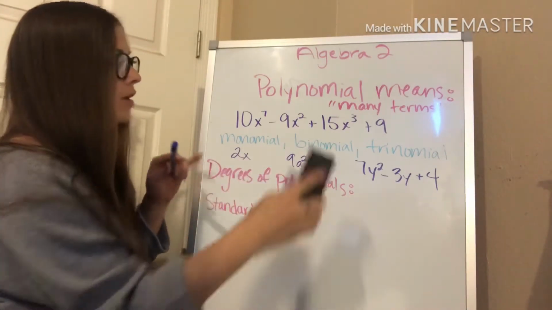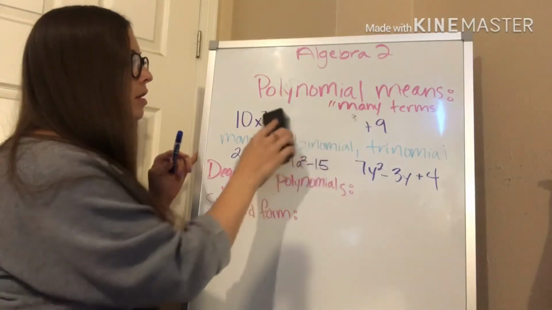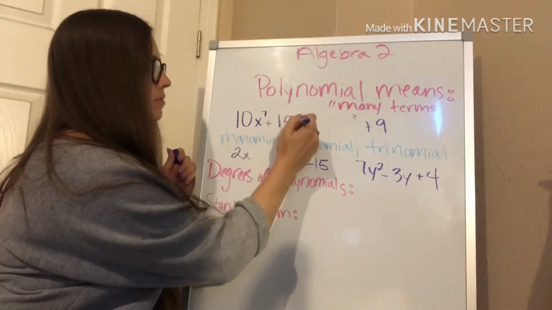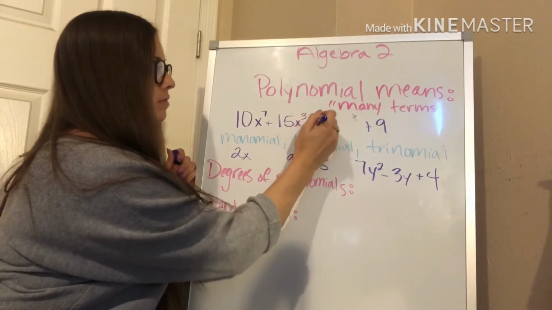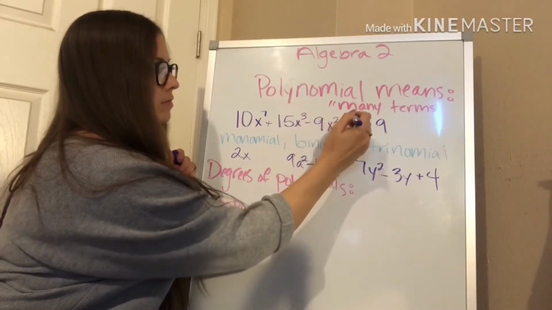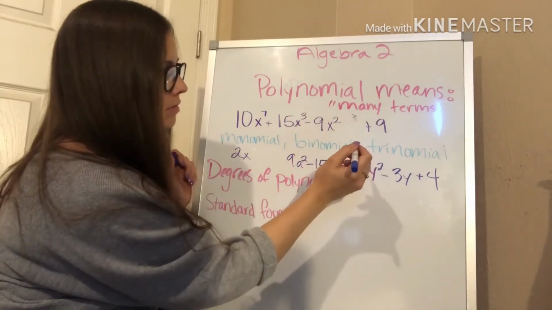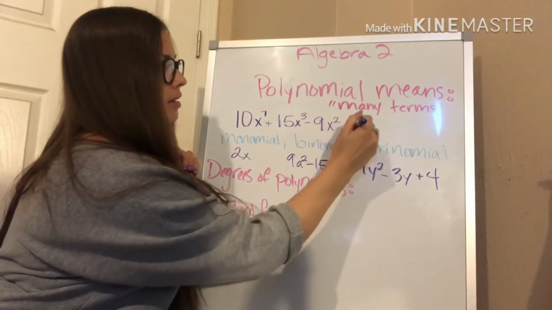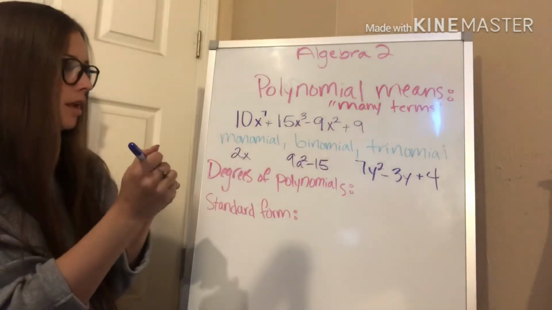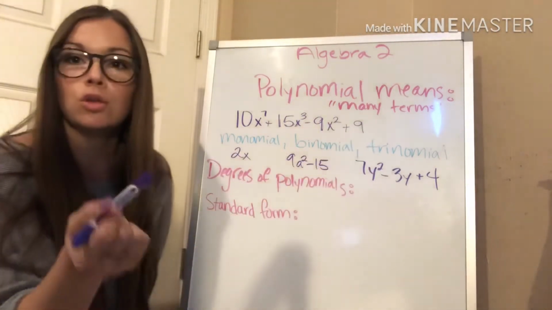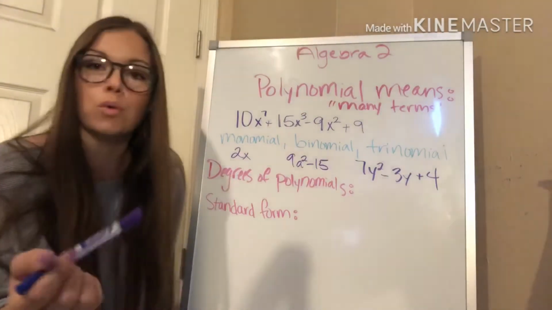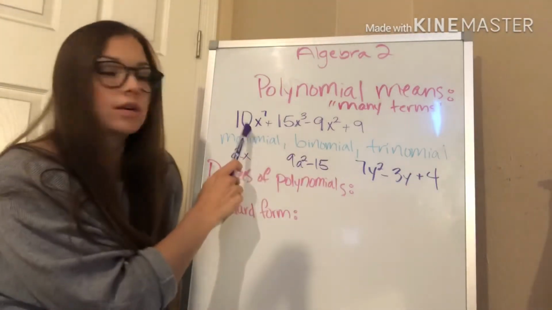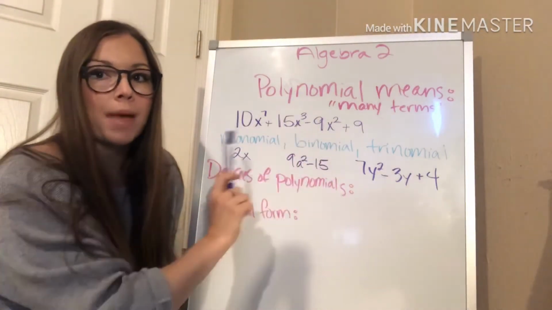So it should say 15x cubed minus 9x squared, and then plus 9, because that's our constant, and it has no power and no variable. So that's standard form. Standard form just means they're in order from greatest to least by power.